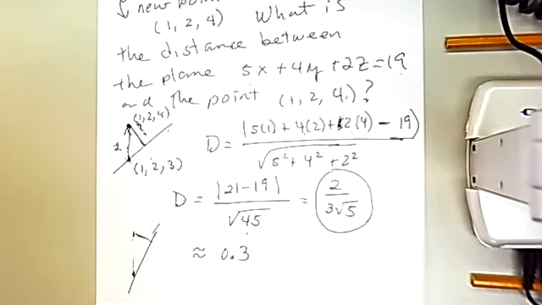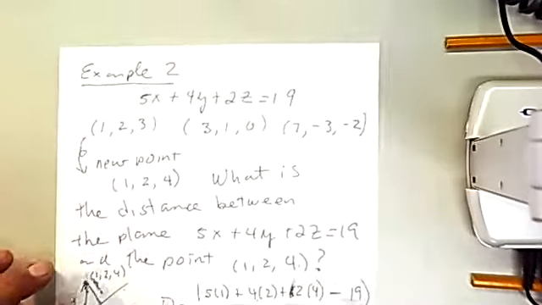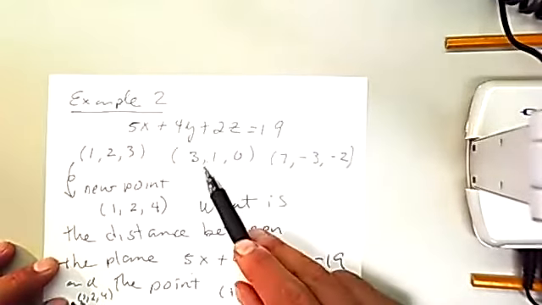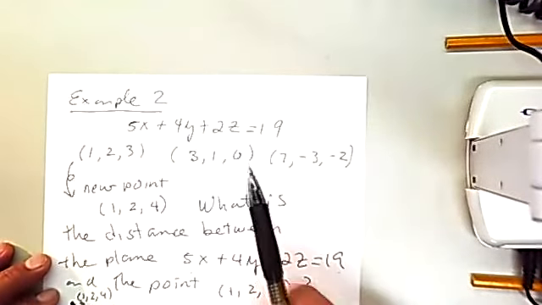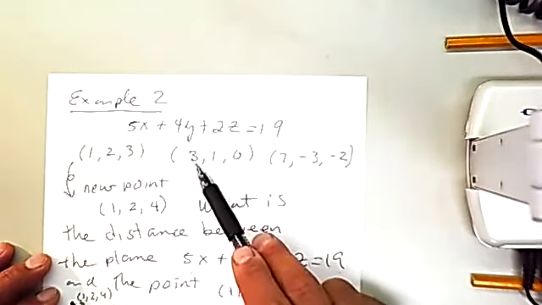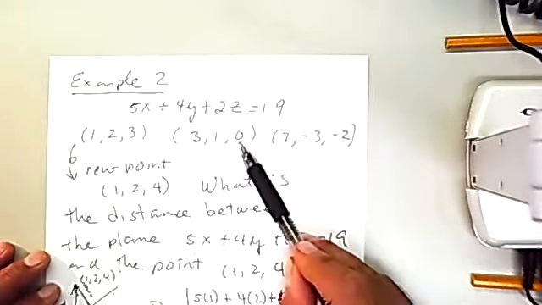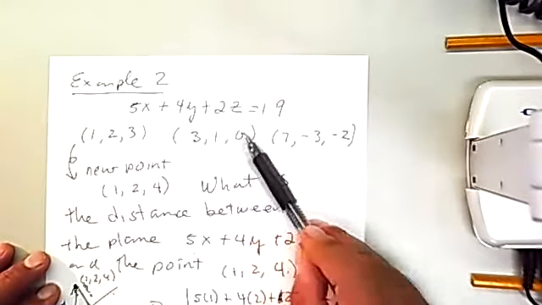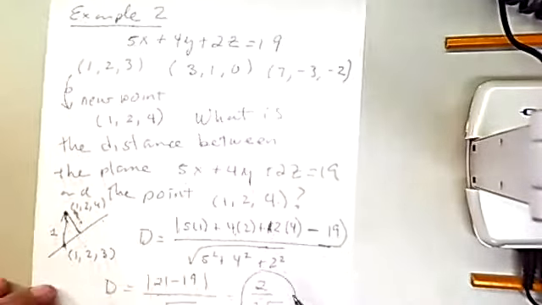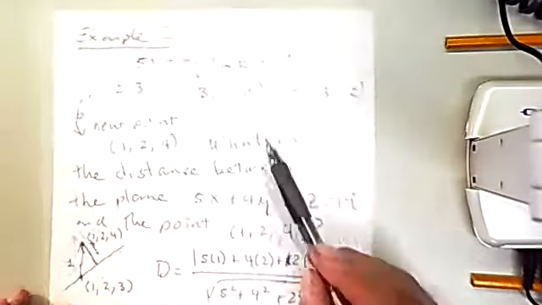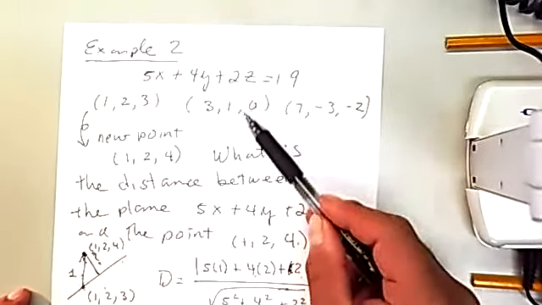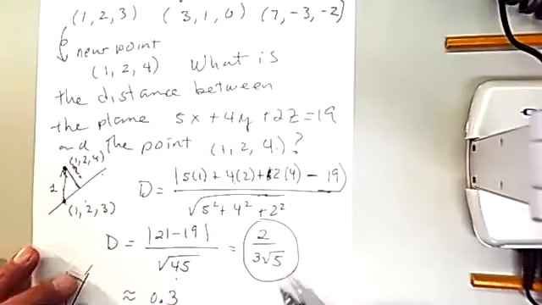That is interesting. Now, I wonder if you move this point up 1 unit, so 3, 1, 1, is the distance of that new point, 3, 1, 1, going to be the same as here? The distance from this point after we move it up 1 unit, is it going to be the same as that one?